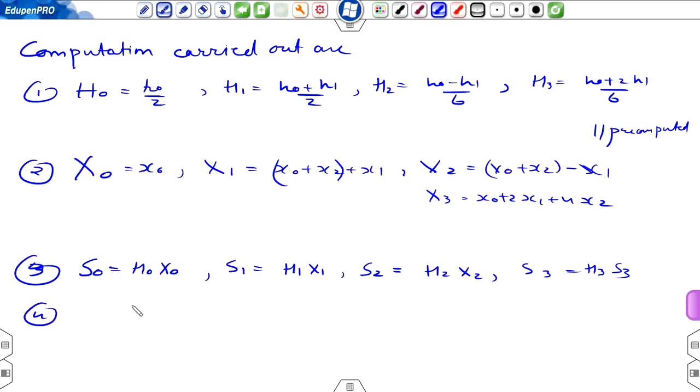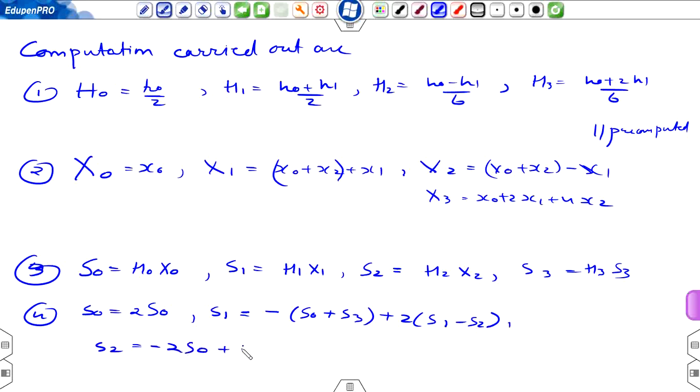And then finally, post addition of these computed terms. So small s0 is 2 times S0, small s1 is minus S0 plus S3 plus 2 times S1 minus S2, small s2 is minus 2 S0 plus S1 plus 3 S2, and small s3 is capital S0 plus capital S3 minus capital S1 plus capital S2.